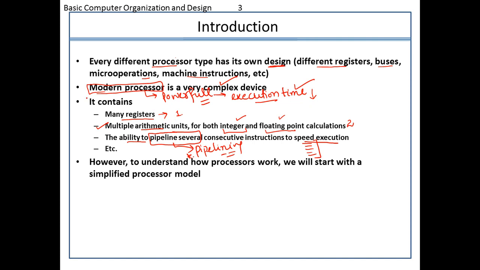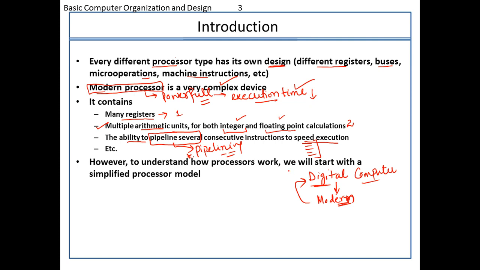But as I'm saying, we are talking about digital computers. From day one of understanding computer organization and design, we are only focusing on digital computers, the reason being that the modern machines that we are using consist of these digital gadgets only.